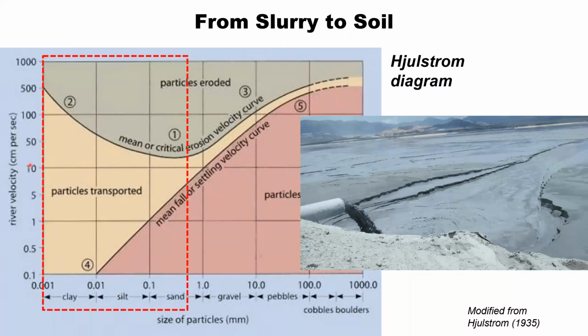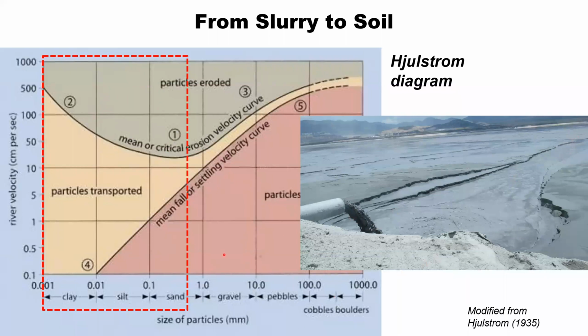So you get an idea here of our velocities of discharge from these spigots or from our pipelines into the impoundment, and what range of particle sizes are going to be deposited, what range are going to be transported, and, at high flow rates right near the discharge points, what size particles are going to be eroded and transported further.